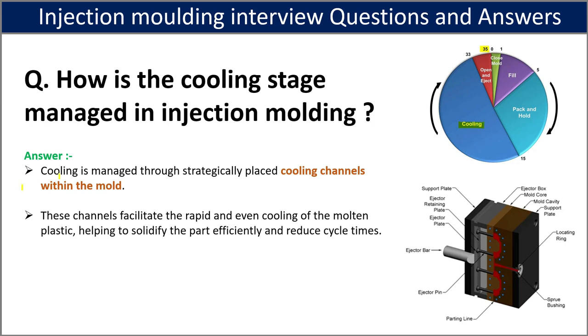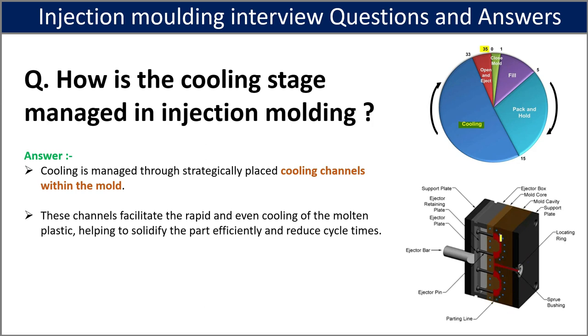Here you can see the cooling. Cooling is managed through strategically placed cooling channels within the mold. Here you can see the red one is the part, and it is surrounded by the cooling channels.